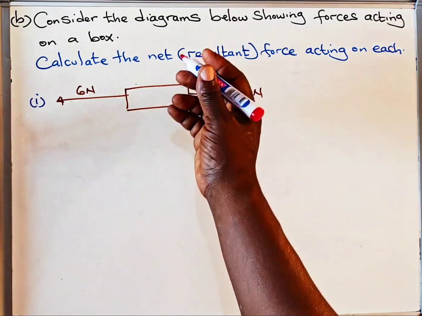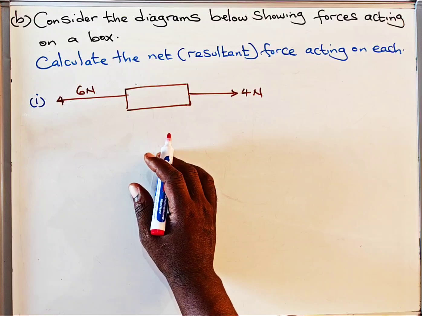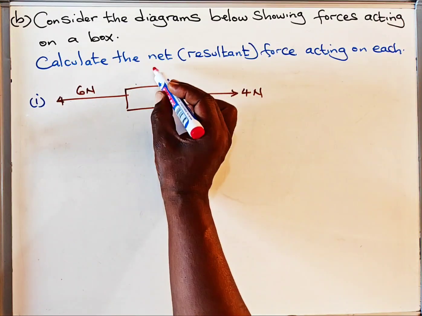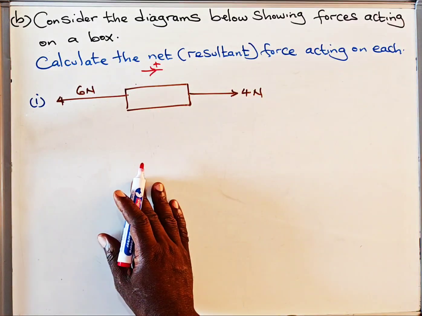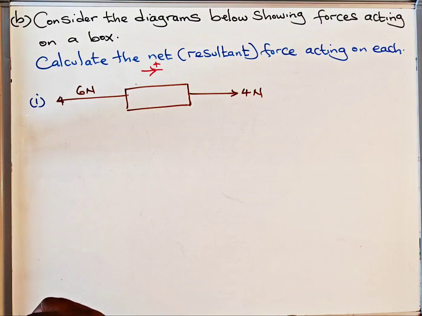When you look at this case, we are going to assume that this side is positive. It's advisable that you take right positive or up positive, but that's not a law. You can take any other direction positive.